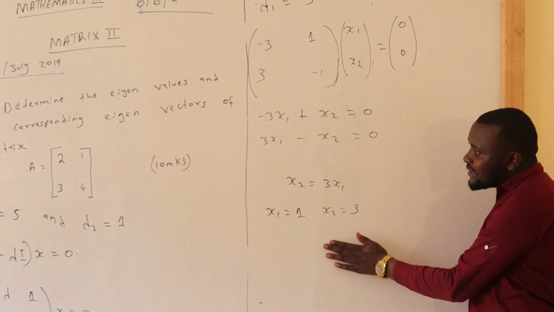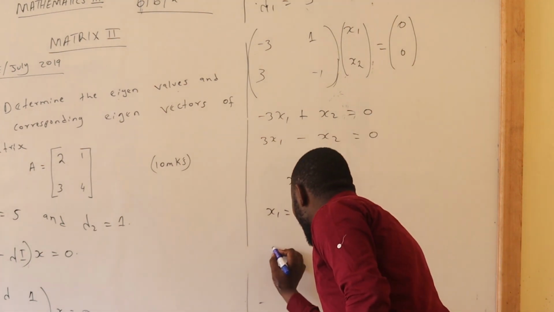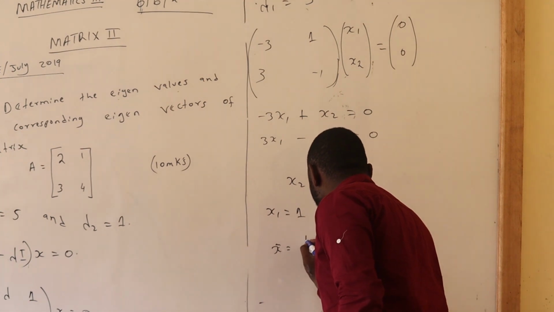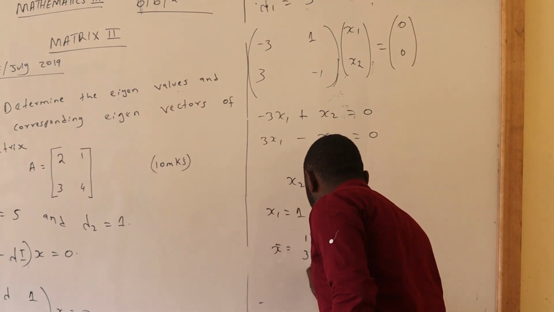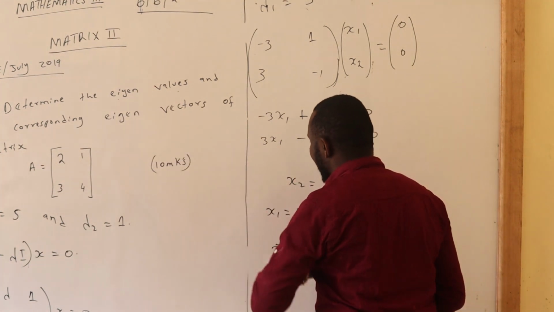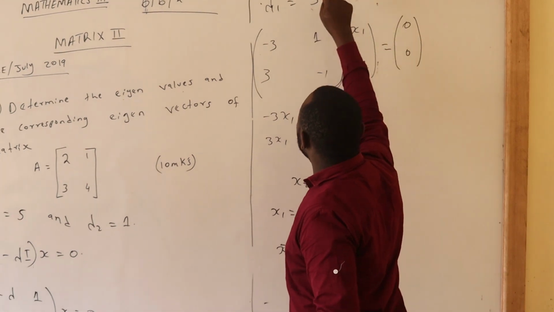So to write this eigenvector, it's written like x is equal to 1, 3. So this is your answer for the eigenvector. But this one is for what? The eigenvalue of 5.